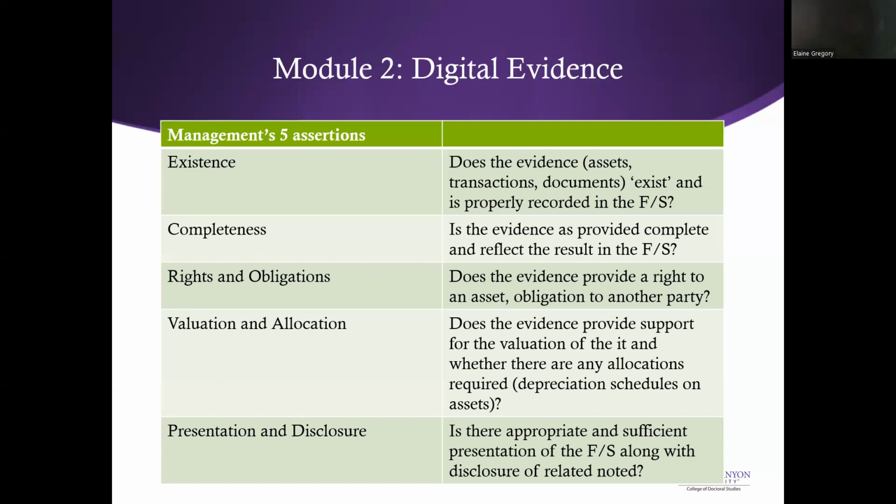Does the evidence provide support for the valuation and allocation? For example, the valuation of fixed assets and the depreciation of those assets. Do we have digital evidence on this?